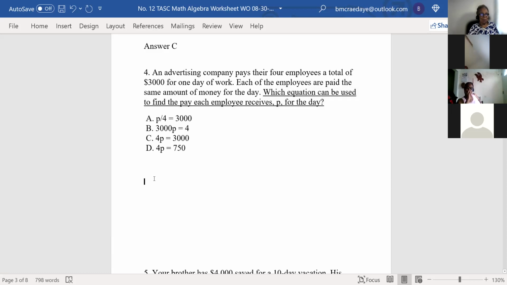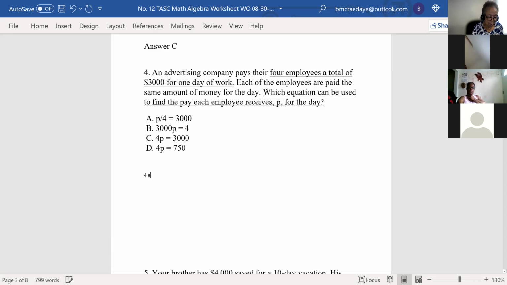An advertising company pays 4 employees. Okay, see here you got 4 employees. That's a total of $3,000 for 1 day of work. Okay, that means 4 employees are getting $3,000, right?